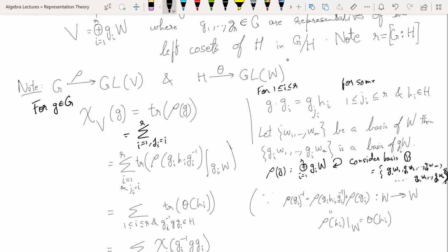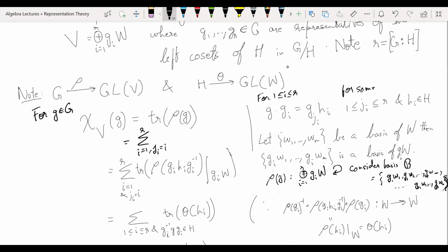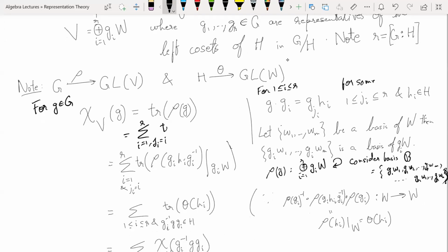So not all i between 1 to r, but g_i equals i. Trace of rho(g) restricted to g_iW.